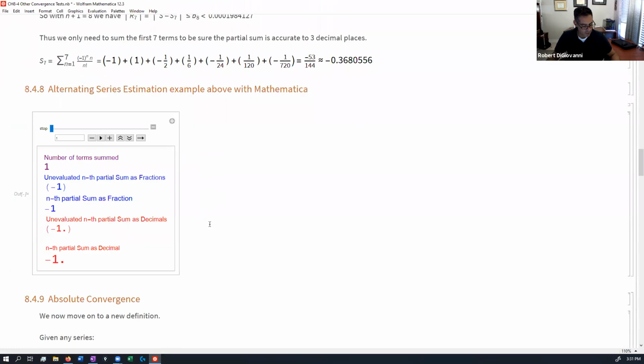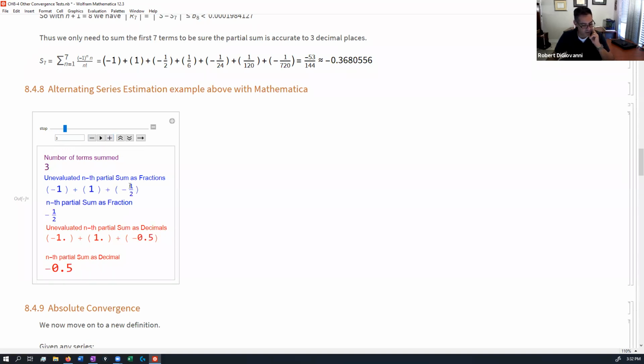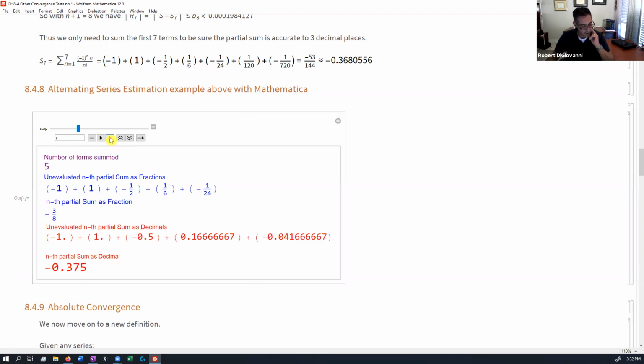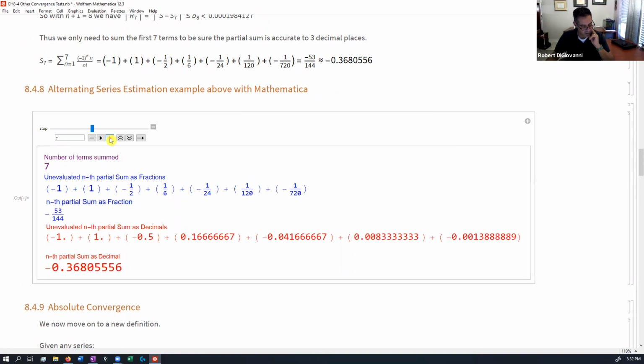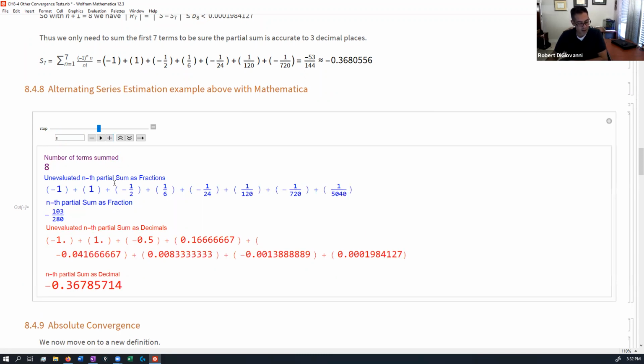I already did this for us so that you can see it. If we do the first 2, it was -1, then 1. The next one is 3 over 3 factorial, and keep going to the 8th one. Here's the sum of the first 8. I have the computer adding these up, and you see that the nth partial sum is -0.367855714.